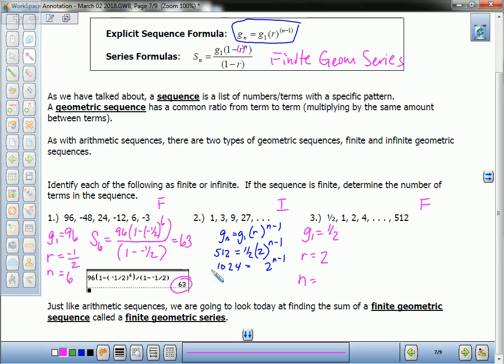I'm about to say, take the log of both sides. Can we not just divide it by 2? So we get log. Equals n minus 1 when I pull it out in front times log of 2. So we divide by log of 2.